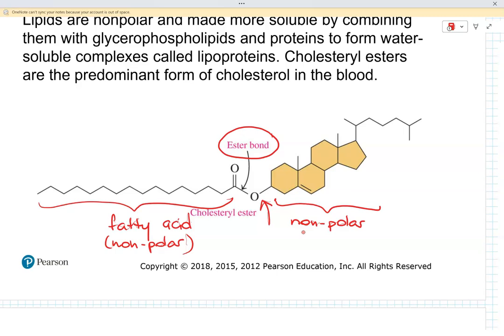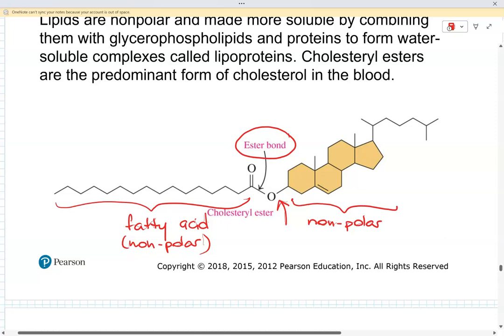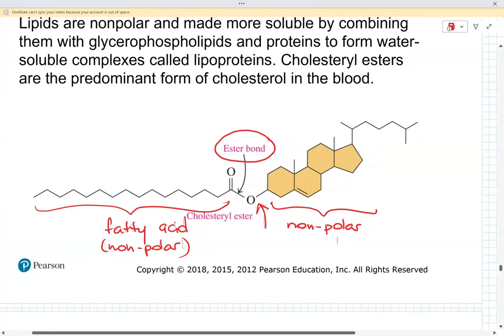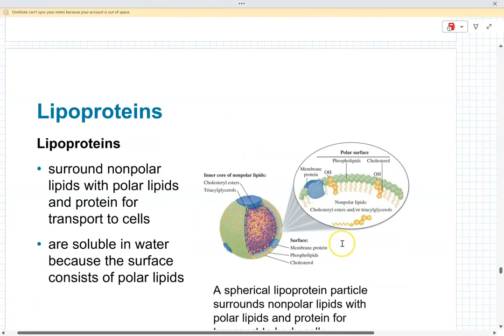Now, what is the main component of your blood? Yes, it's water. Is water polar or not? It's polar, which means non-polar molecules, you cannot transport them in the blood.